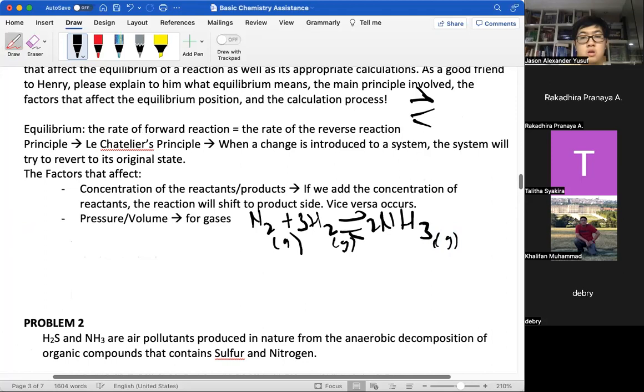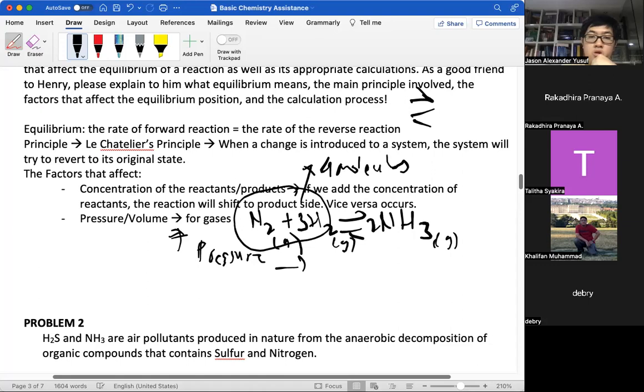So let's say I increase the pressure. That means the system will try to reduce the pressure by shifting to the side with the lowest sum of coefficients. So on this side, there are 4 molecules, 3 plus 1 is 4. For this one, we have 2 molecules.